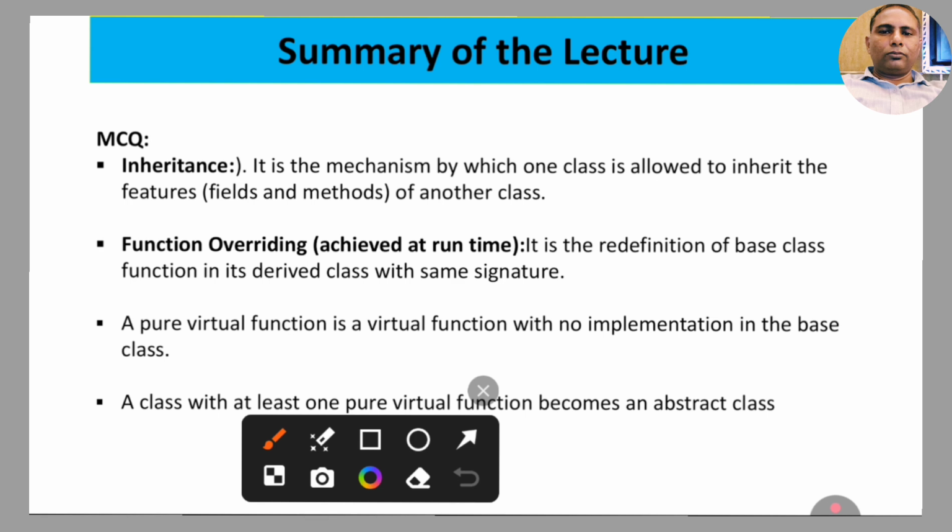We have discussed MCQs based on function overriding, which is achieved at runtime, so it is a case of runtime polymorphism. It is a redefinition of a base class function in its derived class with the same signature.